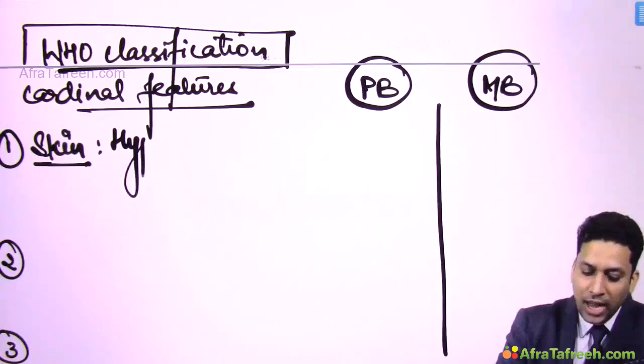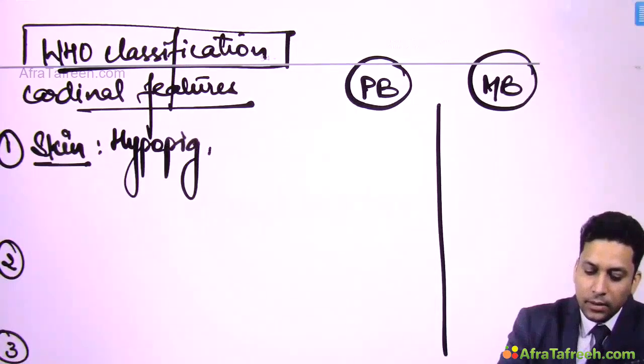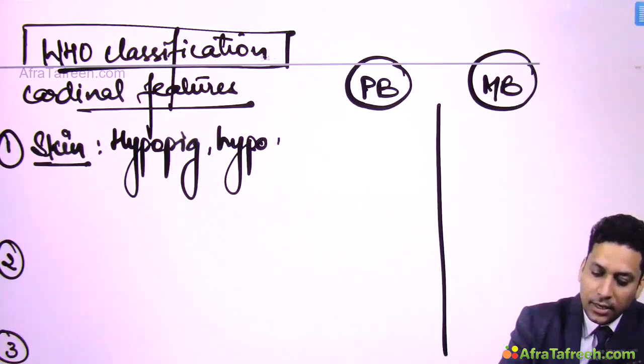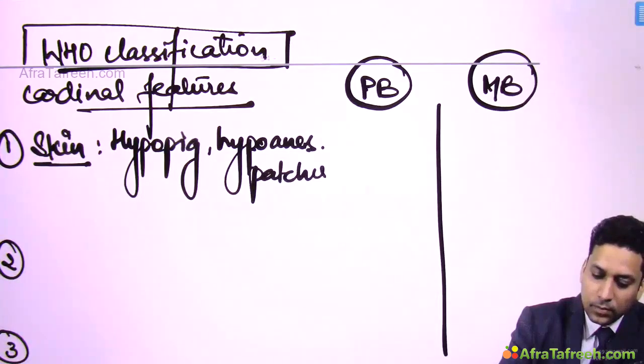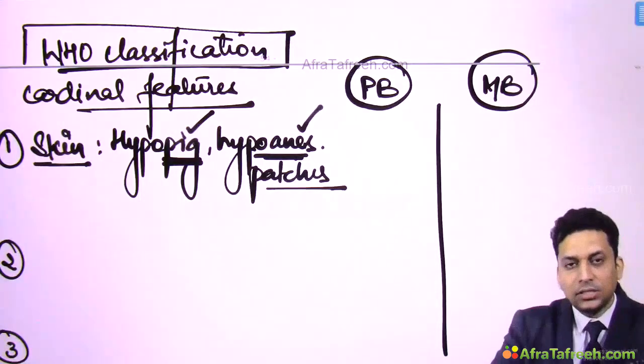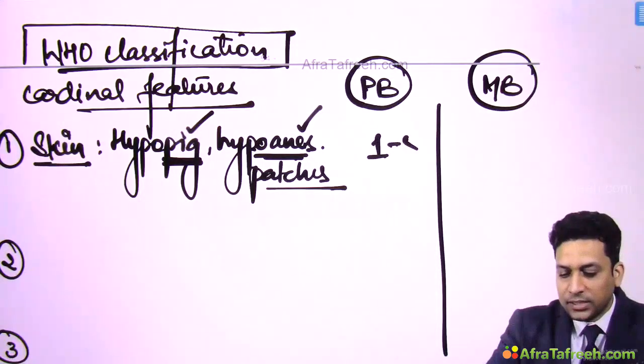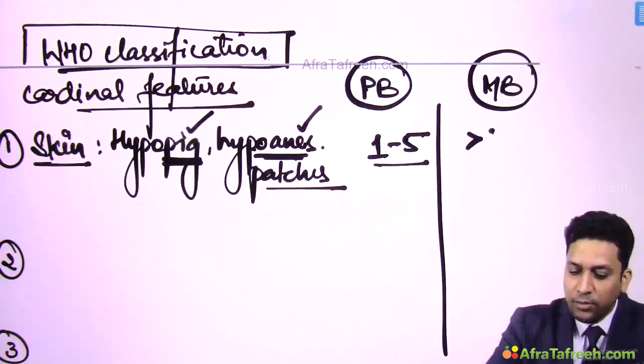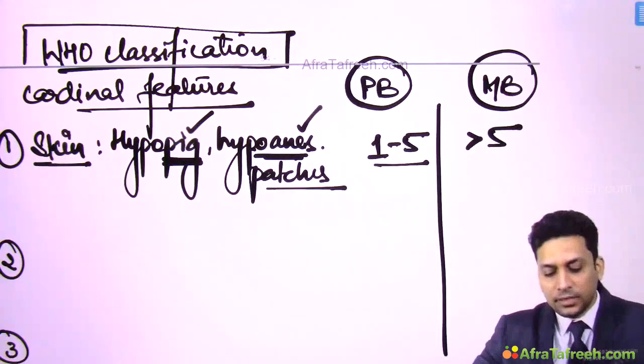You should look for hypopigmented, hypoanesthetic patches, which are having pigmentary loss and sensory loss. If you find 1 to 5 such patches, it is paucibacillary. If you find more than 5 such patches, it is multibacillary.